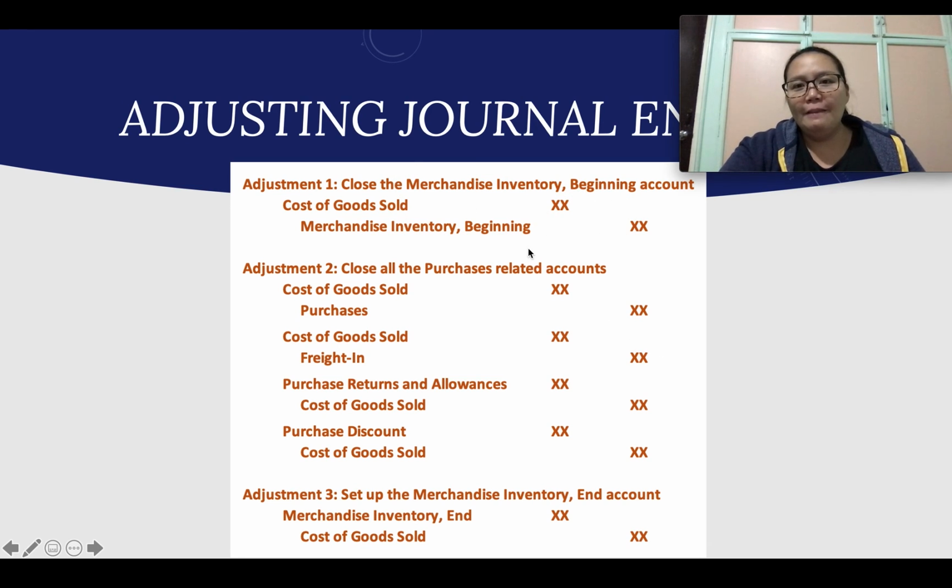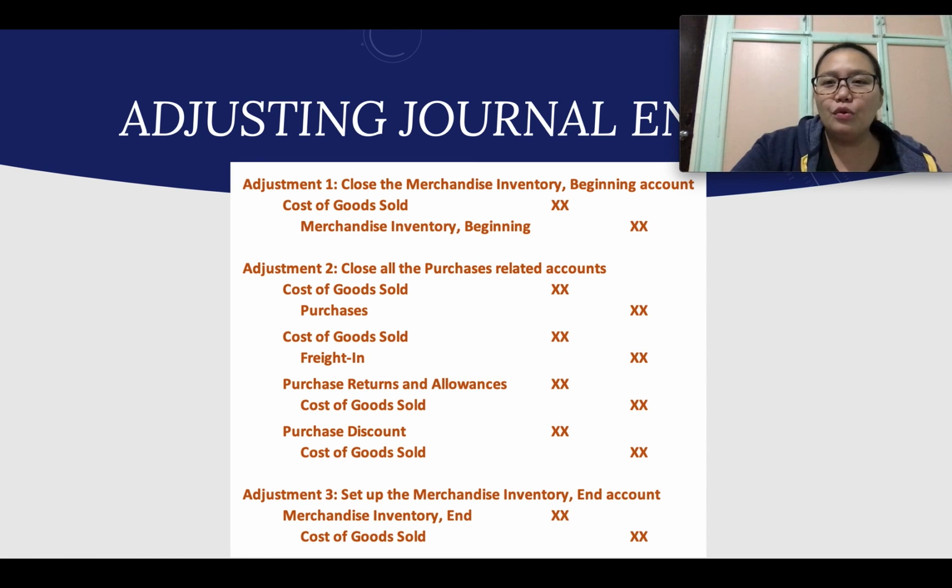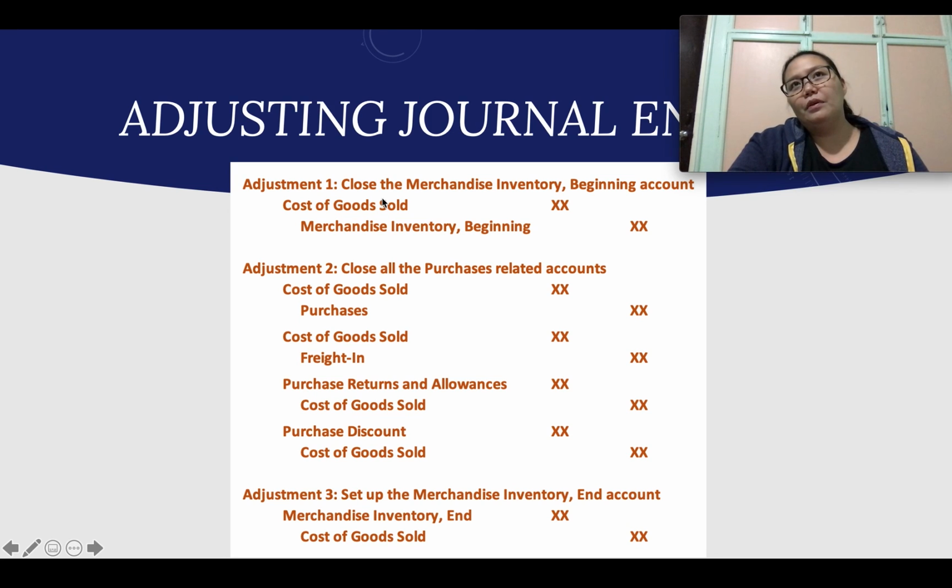So in preparing the adjusting journal entries for a merchandising business, you have to remember that when you are asked to close something, we know that a journal entry has two parts, the debit and the credit.